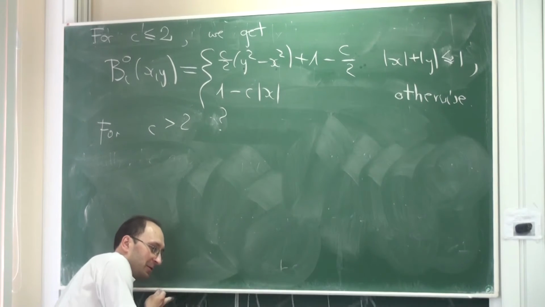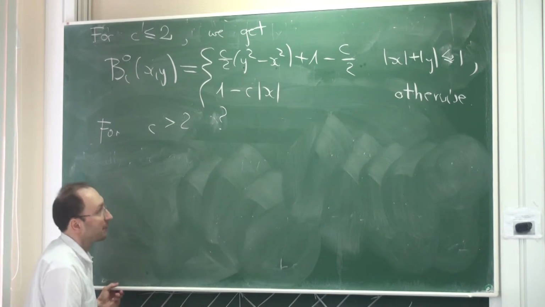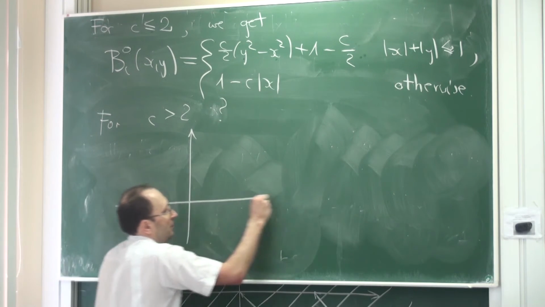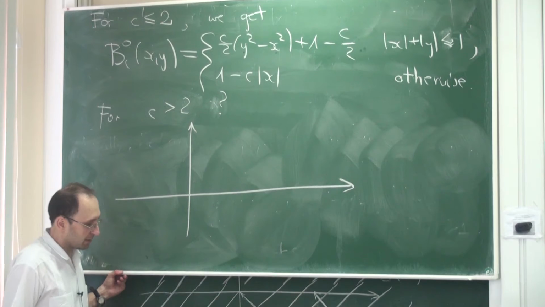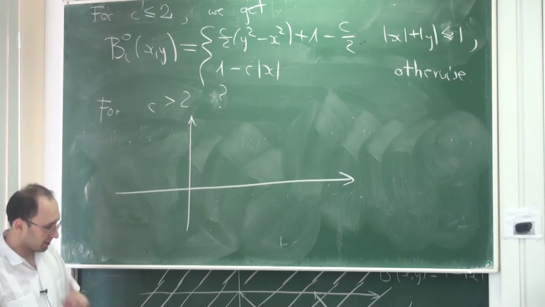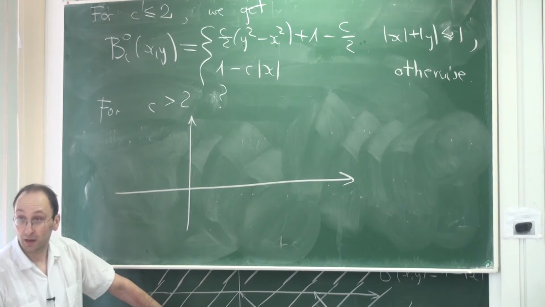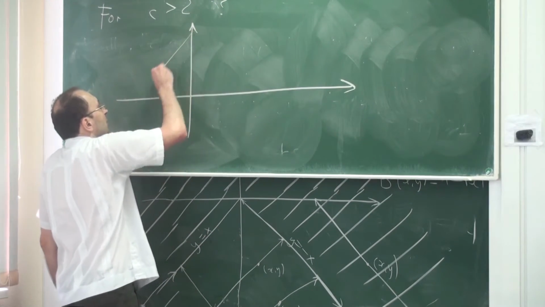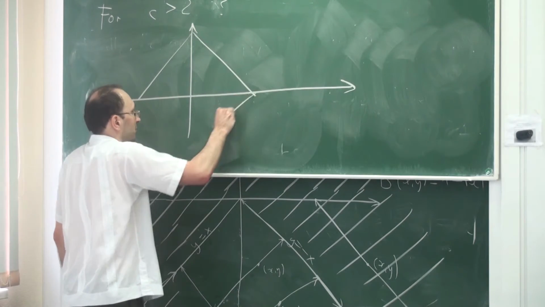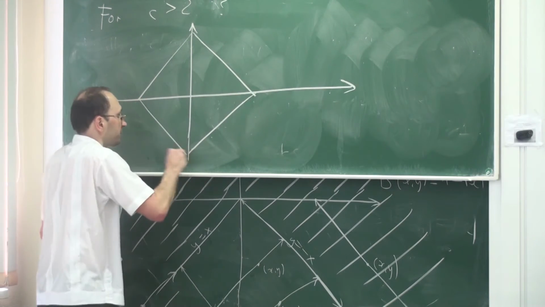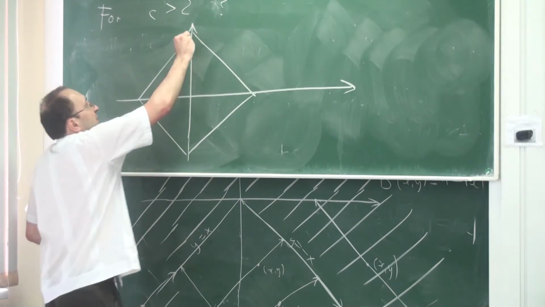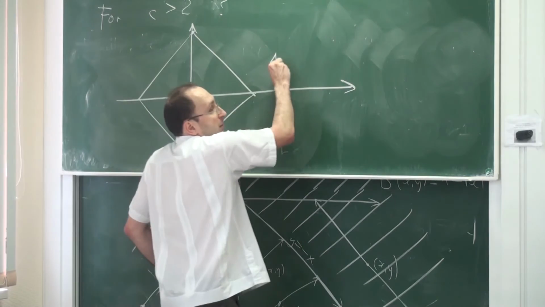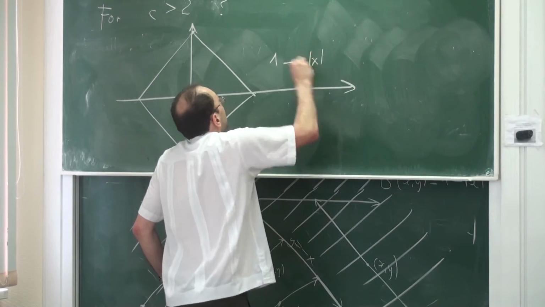Okay, the following idea comes into your mind. Namely, take a look. We want to symmetrize this thing, so what do we do? Have a look. Outside this square, everything is clear. Right here, this is just 1 minus Cx.